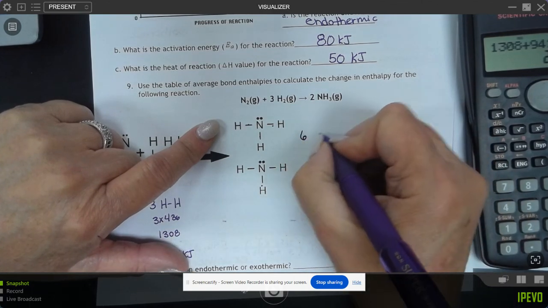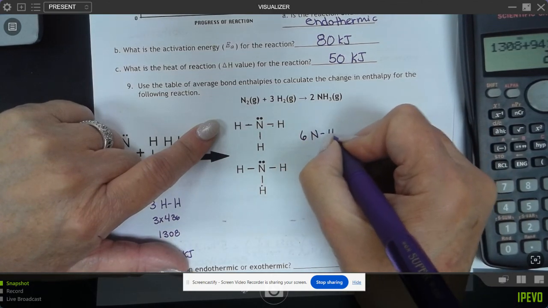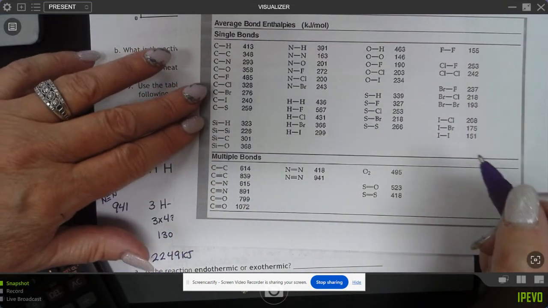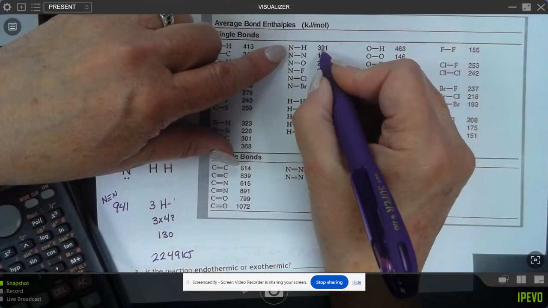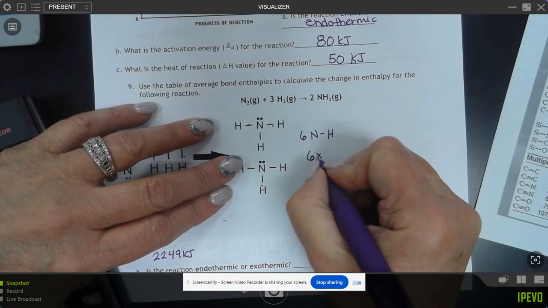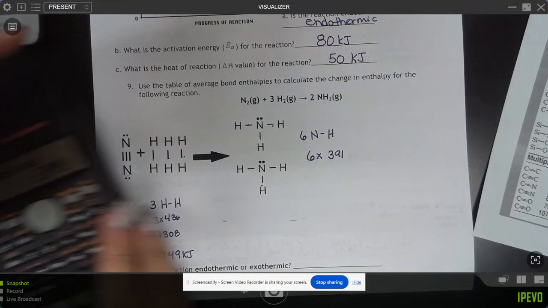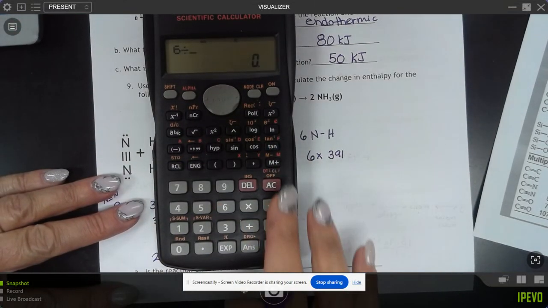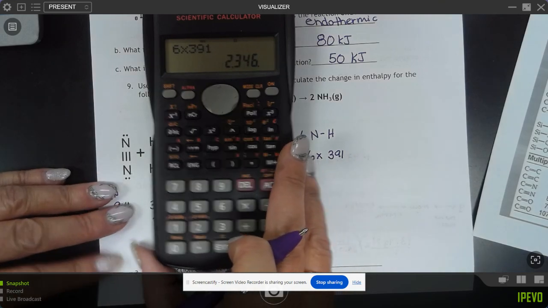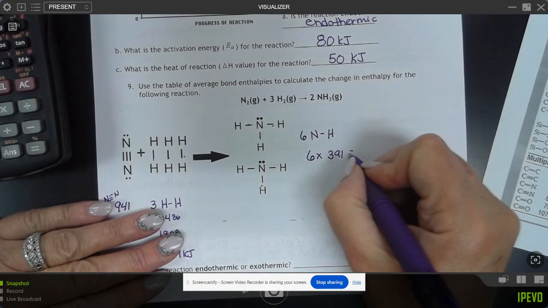So that's a total of 6 nitrogen-hydrogen bonds. Nitrogen-hydrogen is going to be right here, 391 kilojoules. So I'm going to have 6 times 391. 6 times 391 is 2,346.